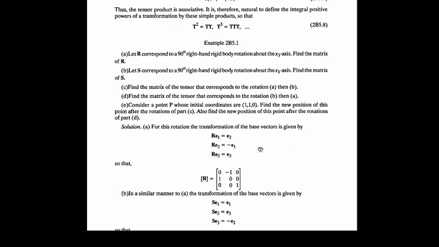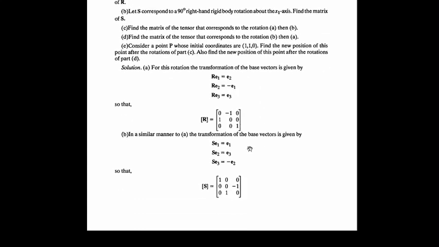For part B, you have to take the x1 axis as the axis about which you will take the rotation. The x1 axis will remain fixed, and you will write it this way: SE1 will not change, it is E1, SE2 will be equal to E3, and SE3 is minus E2.